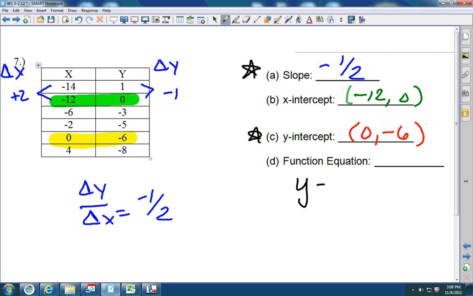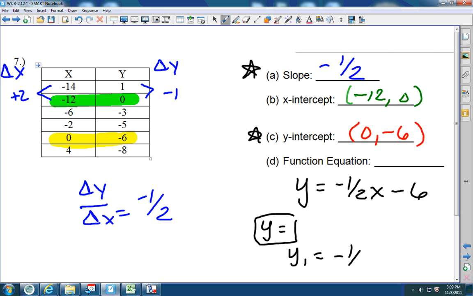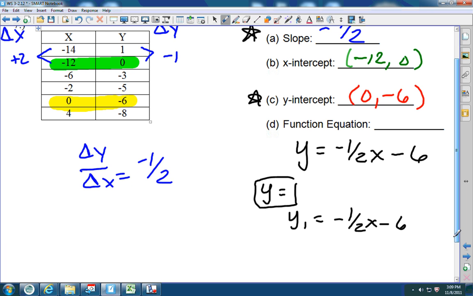So I have y equals negative 1/2 x minus 6. There's my equation. If you wanted to check it, you could press y equals, and put into y1 negative 1/2 x minus 6, press second graph, and look in your table and match it up and see if those points are there.